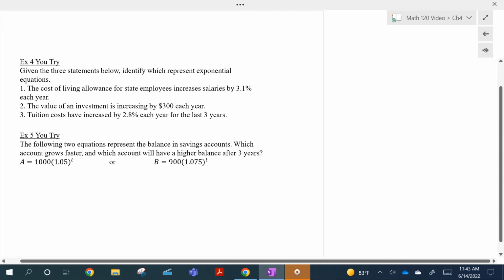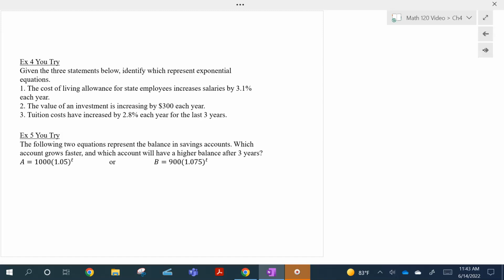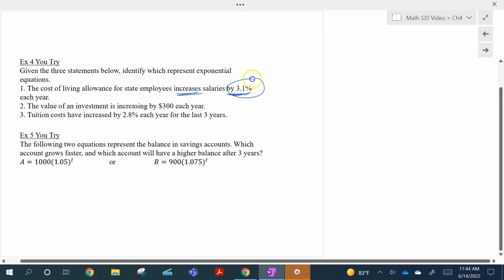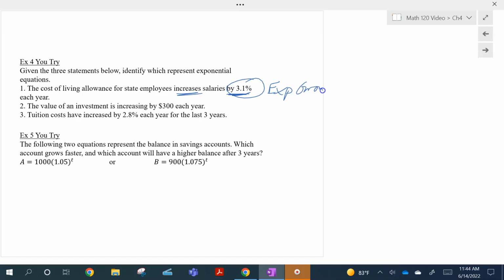All right, let's keep going here with this lecture. Given the statements below, identify which represents exponential equations. Cost of living allowance for state employees increased by 3.1%. So we've got a percentage increase, so this would be exponential growth. If the value of an investment just goes up by 300 each year, that's a constant rate of change.